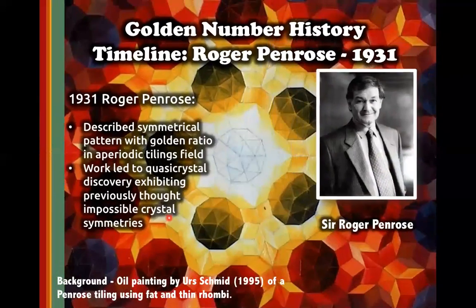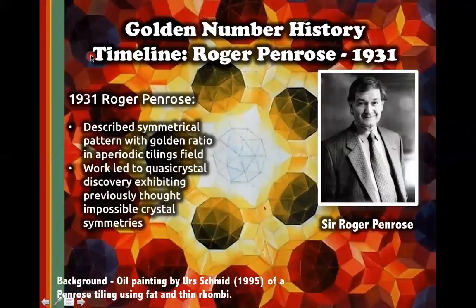All right, and finally we conclude our timeline with Roger Penrose, who was born in 1931, and he still lives. Here's a photograph of him. He described symmetrical patterns with the golden ratio in the field of aperiodic tilings.